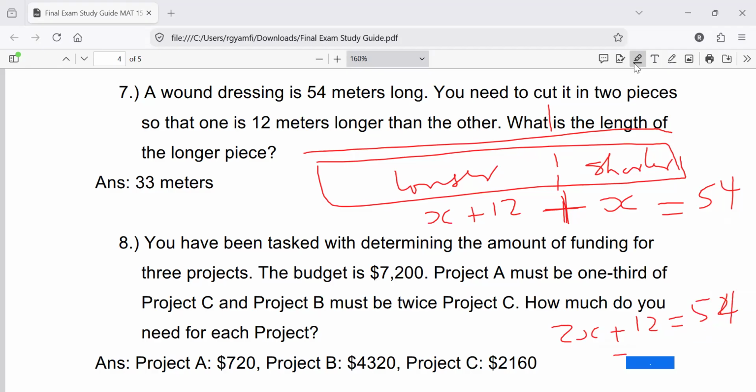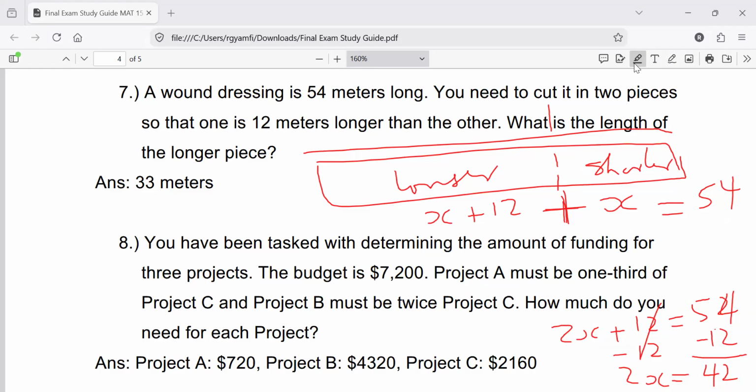Now you subtract 12 from it. So 2x equals 54 minus 12, which gives us 42. 2x equals 42.